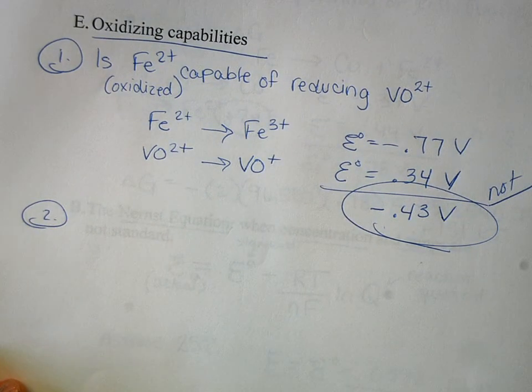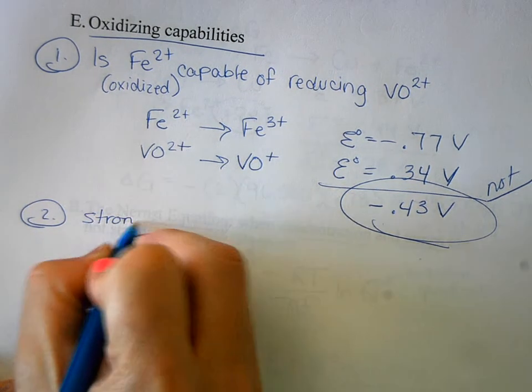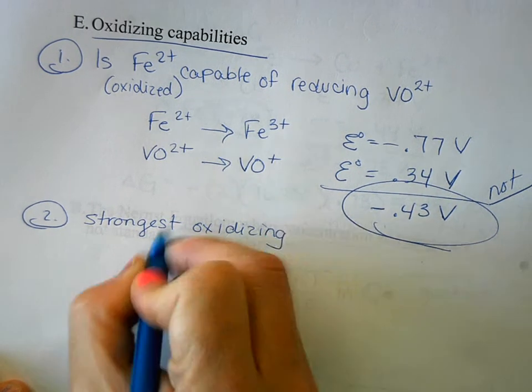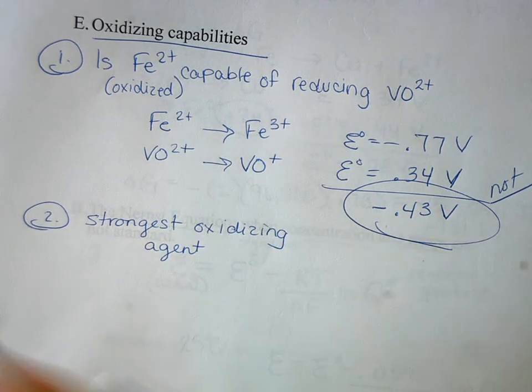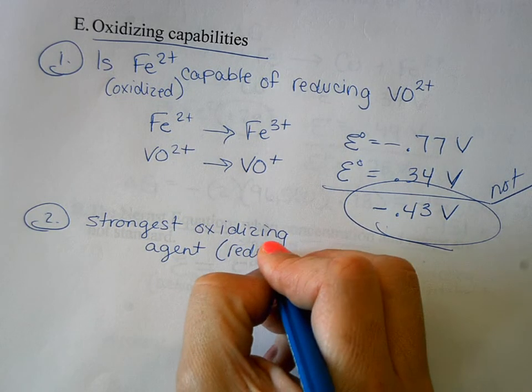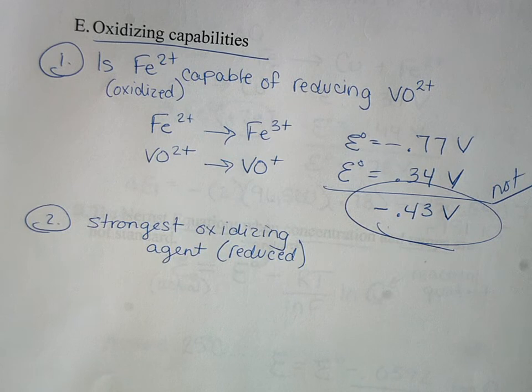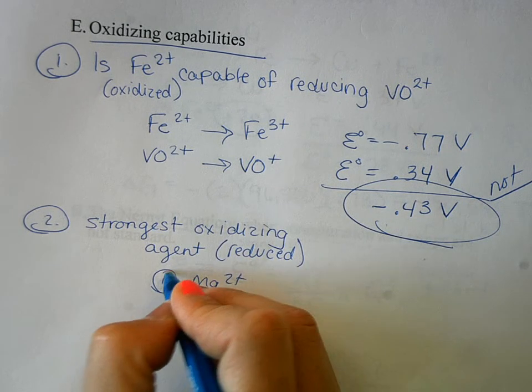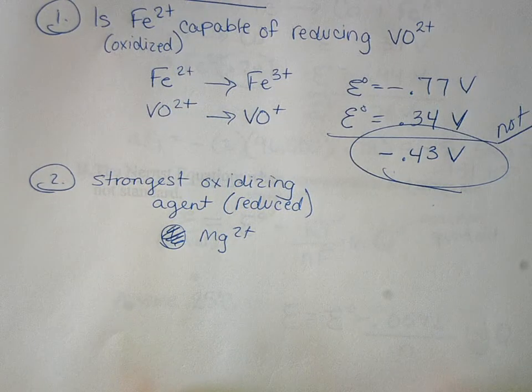Next type of question would be, which one is the strongest oxidizing agent? Which means that it's being reduced. And then the question is, well, would it be magnesium? Magnesium, would that be the strongest oxidizing agent?